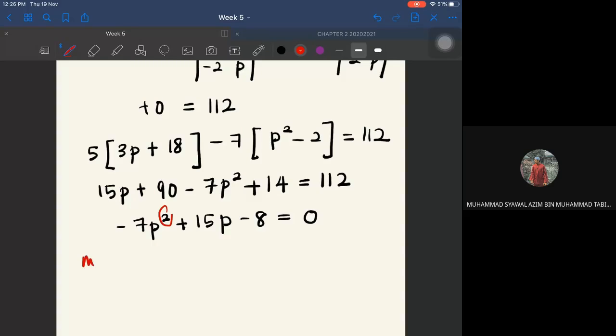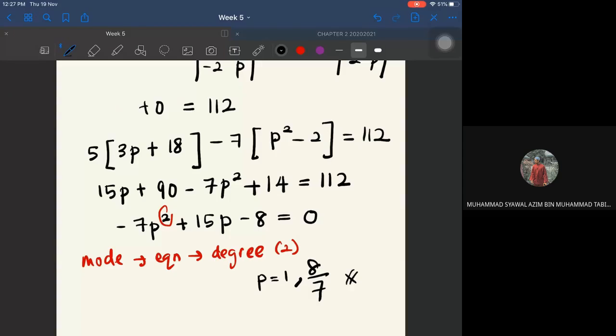So choose root equation. So degree ambil 2 lah. Since the highest degree here is 2. Okay. So key in the value for A, B and C. So you should get the answer is equals to. So P is equals to 1 and P can also be 8/7.